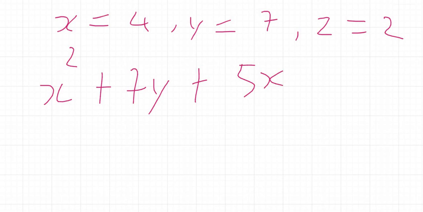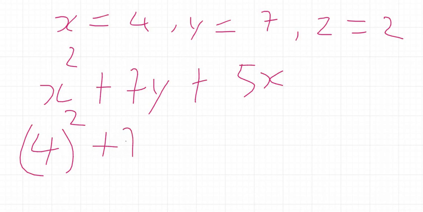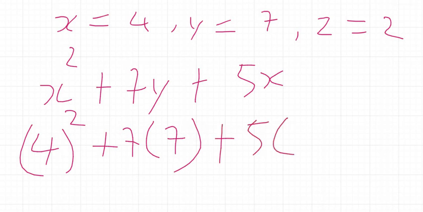So when we substitute 4 into x squared, we get 4 raised to the second power plus 7 times 7 plus 5 times 2. So when we have exponents, we normally work out what we have in the exponent form.